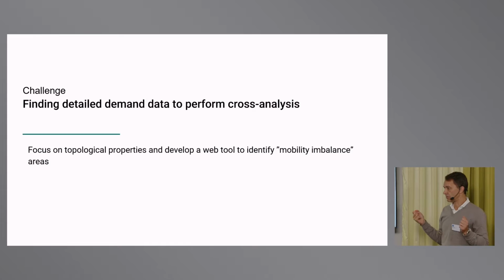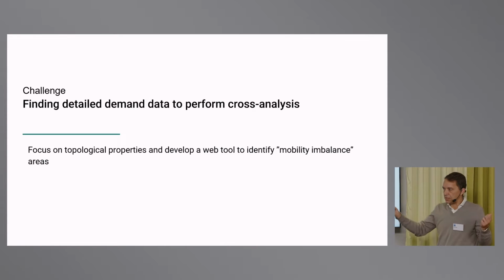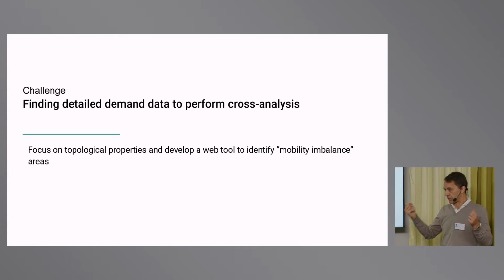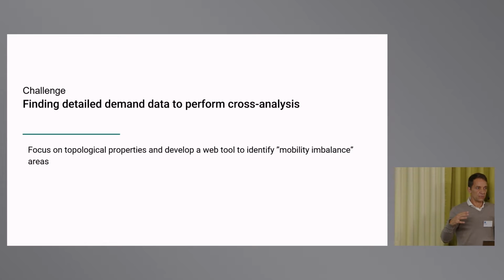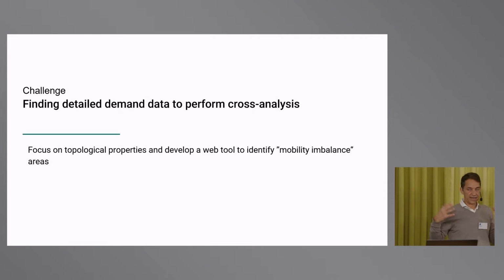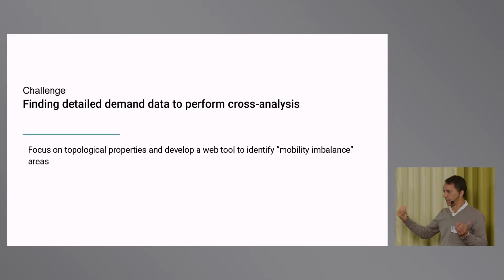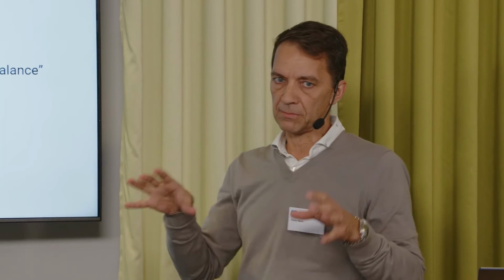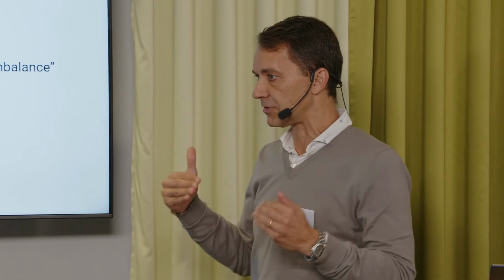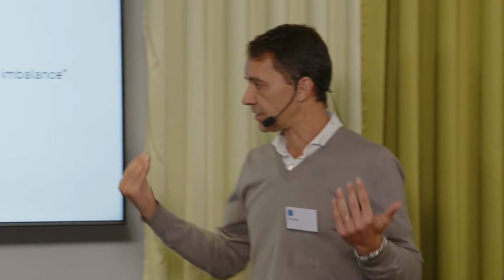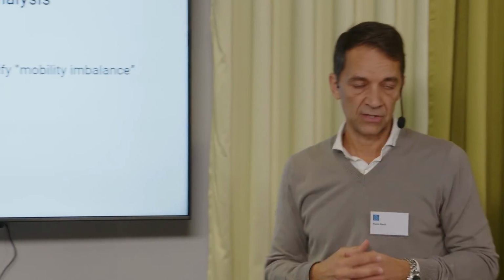Maybe there is no demand because there is no possibility of going fast from A to B. You never know. But if you identify an area where there is a lot of flow between two places and there is a high imbalance, those are places where the city might want to intervene because maybe there is a demand for having an additional bus line, for instance, directly between these two places.